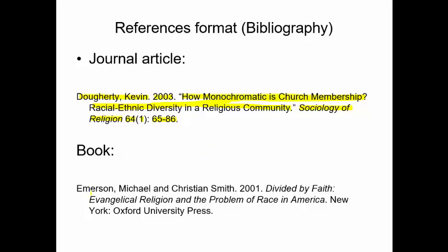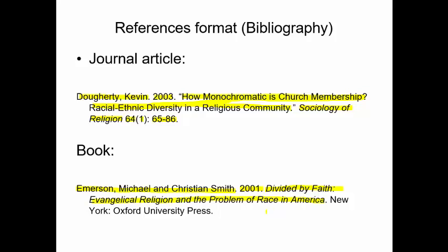If you're using a book as your reference, the format is very similar. You've got your authors and your lead author, last name first, and then these are followed by a period, and then the date it was published, period, and then italics, the title of the book, because that's what's being published.